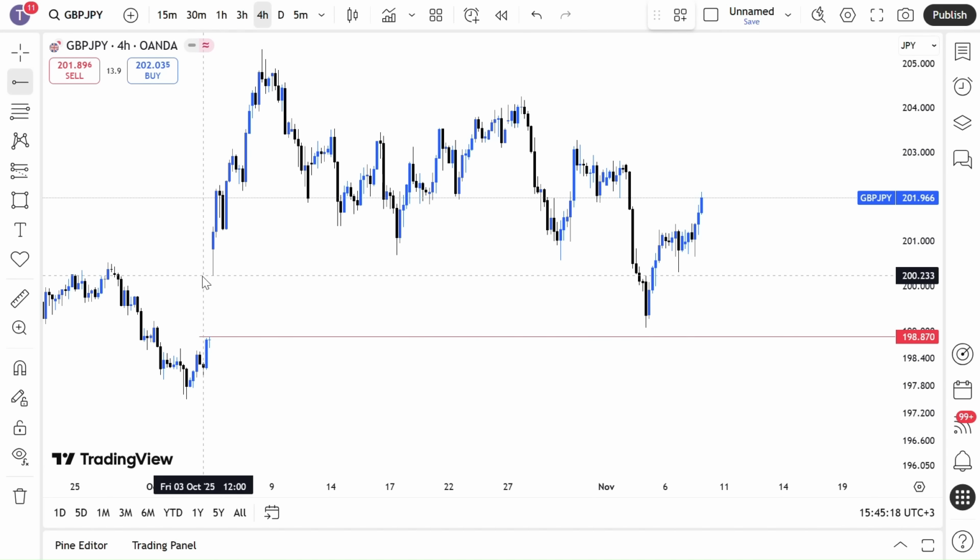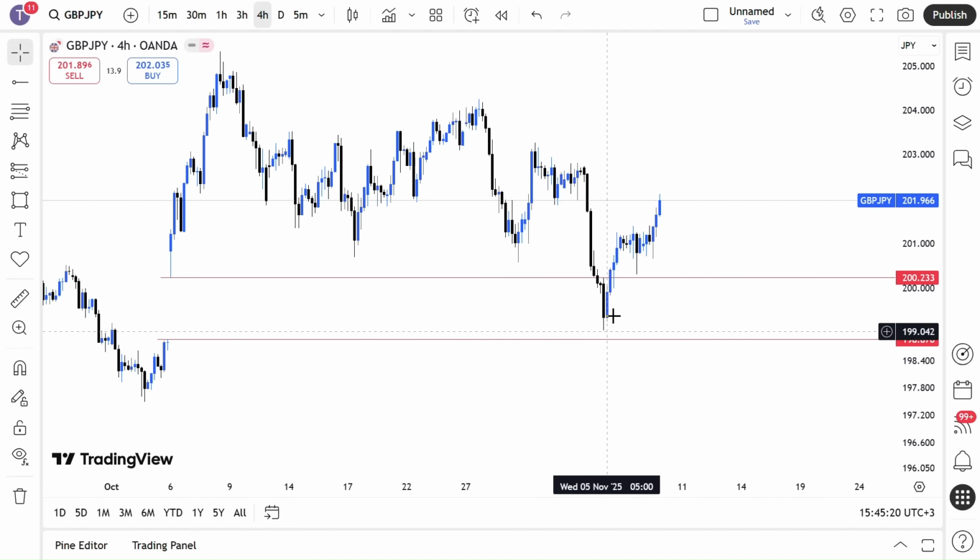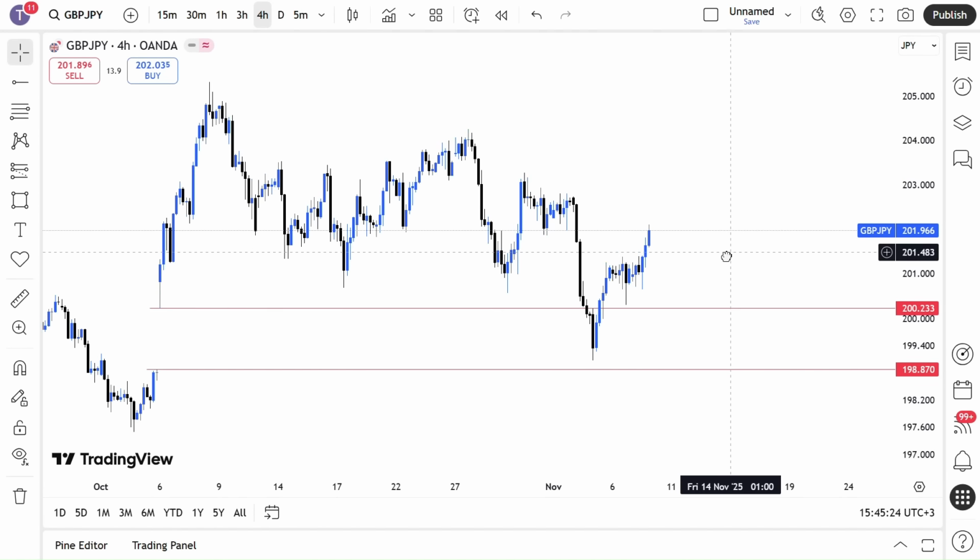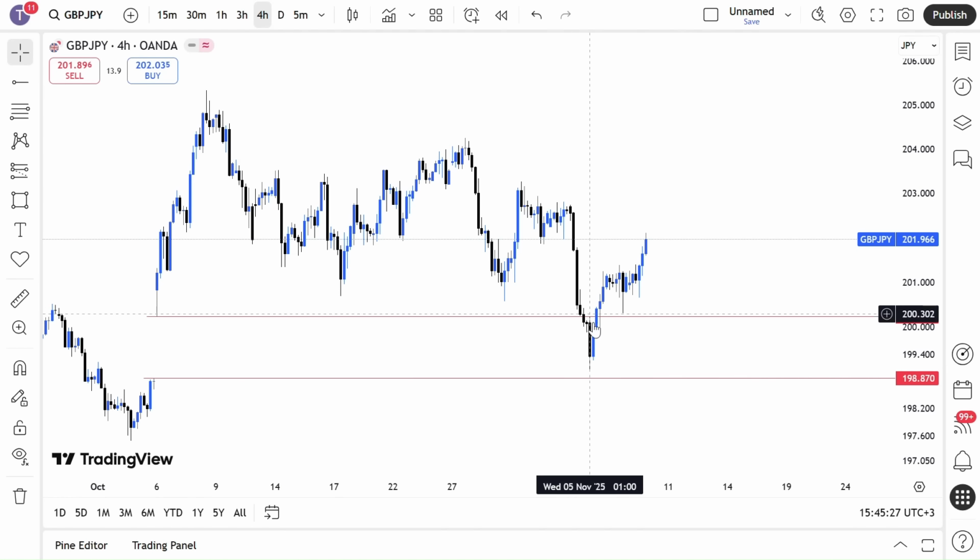This is the gap that GBPJPY came into, and we have this reaction to the upside. So currently on this move to the downside, we do not have any inducement or any liquidity to be taken out. And currently I expect price to clear this high up here because this is not a strong high.